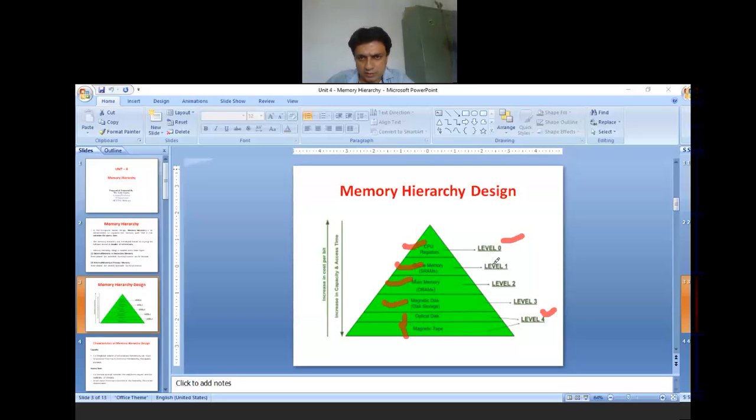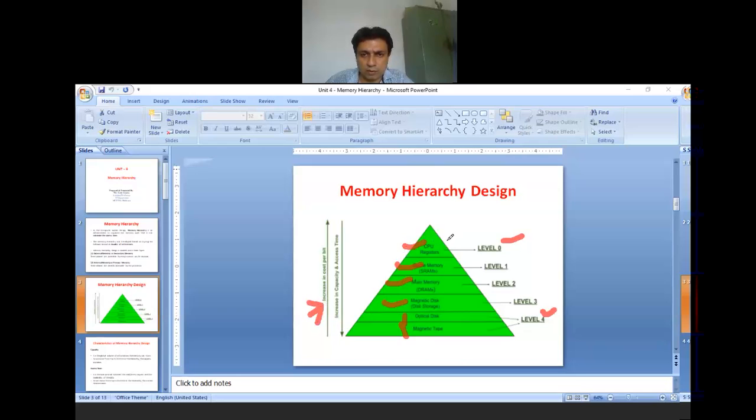These are the levels of memory, and you can see that they are placed in the form of a pyramid. As you move from bottom to the top, the cost per bit increases.